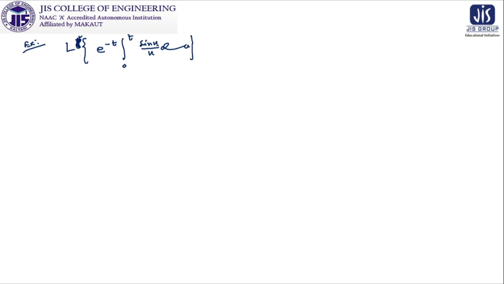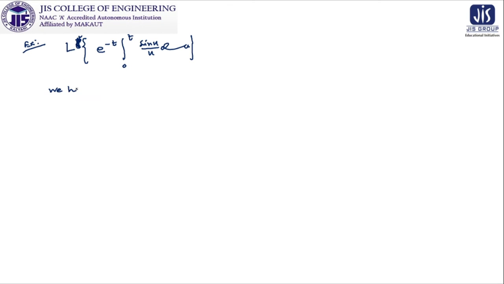So if this is our problem, one difference has to be identified: here e to the power minus t is outside of the integration sign, whereas in the previous problem e to the power u was inside the integration sign. So how do we proceed for this problem?